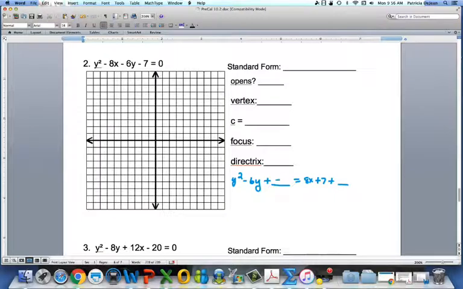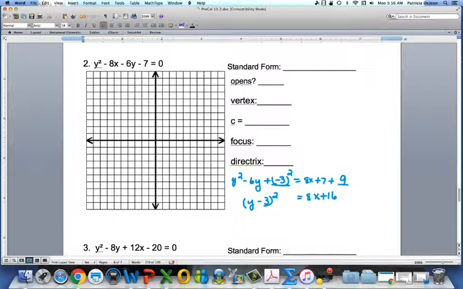So this will be a (-3) squared, -6 divided by 2, and that means I'm going to add a +9. So I'll have 8x plus 16, and that's going to equal (y minus 3) squared.